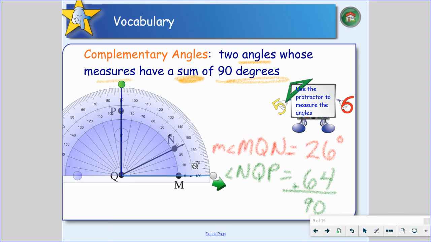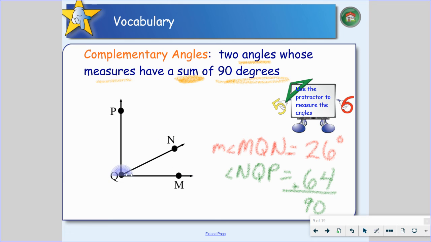So complementary angles, let me get rid of this. Two angles whose measures sum to 90 degrees. Please note, it's not limited to 26 and 64. You can make up a bunch of different ones.